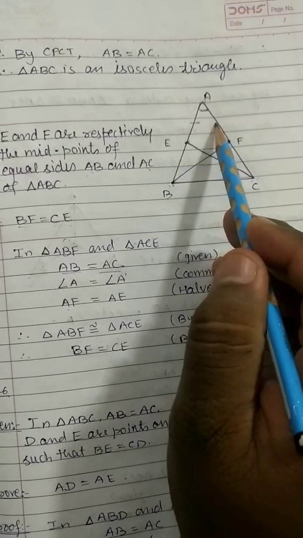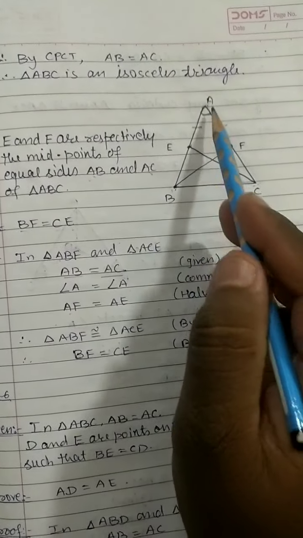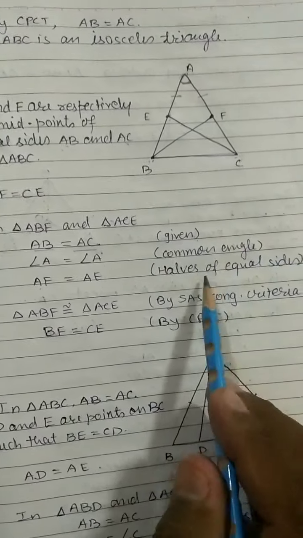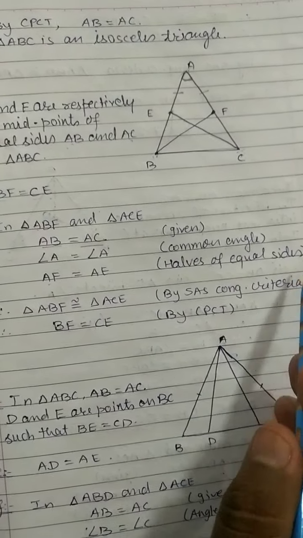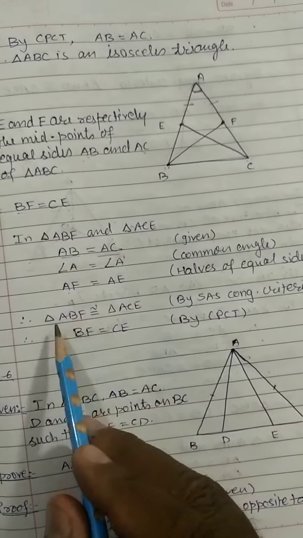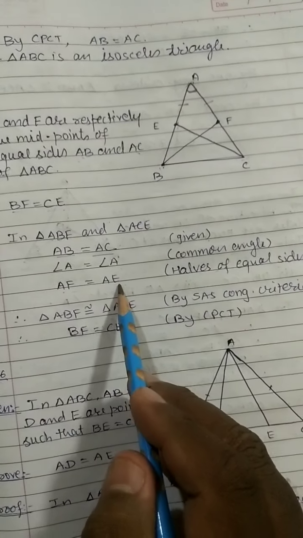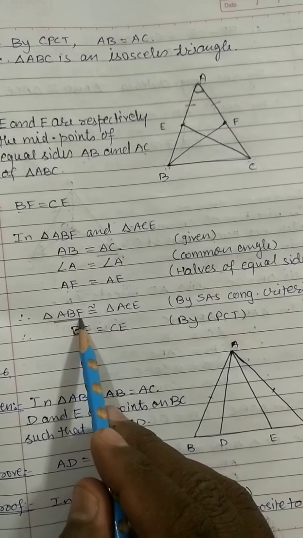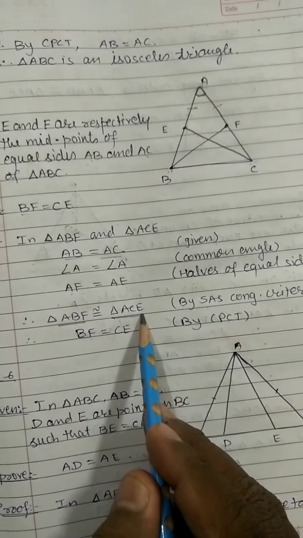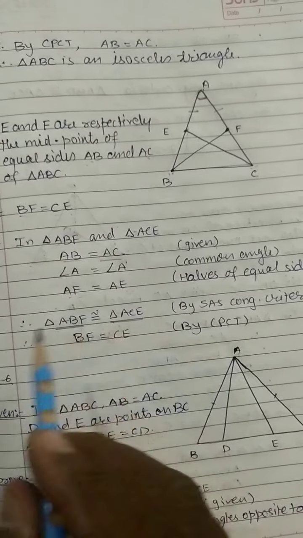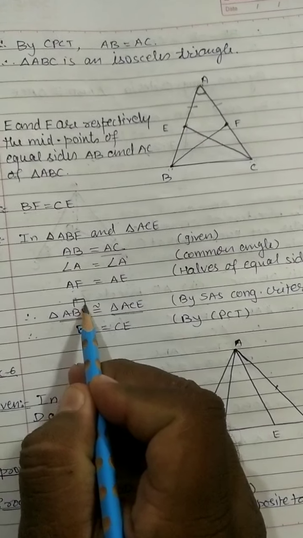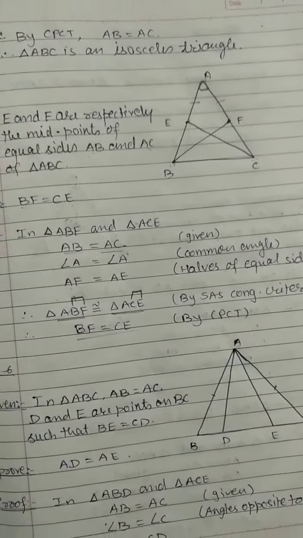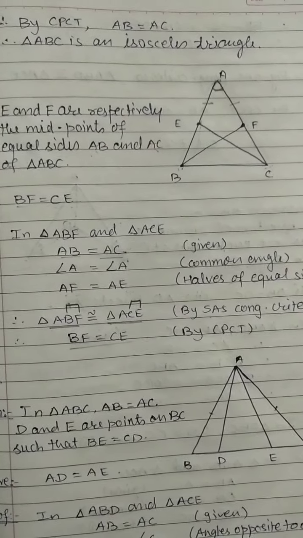So their halves are also equal. Halves of equal sides are also equal. And so by SAS congruence criteria, we can say triangle ABF is congruent to triangle ACE, right? And so we can say BF is equal to CE, and hence proved.